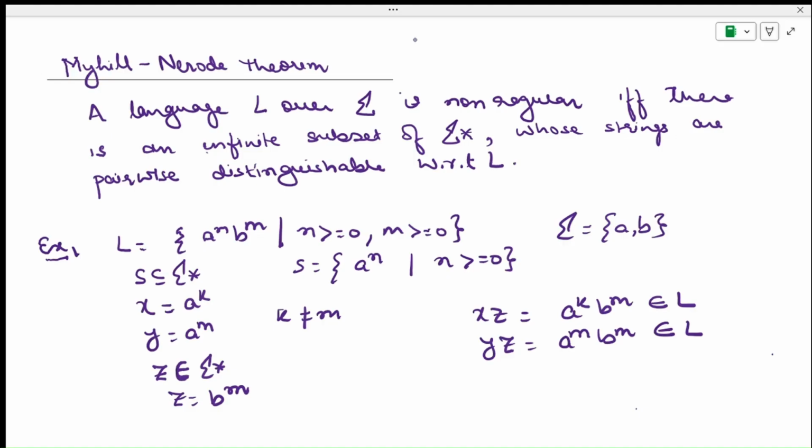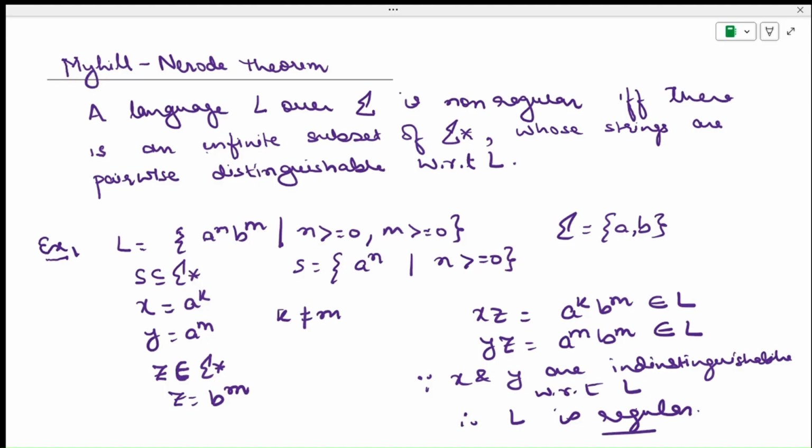That is, we can see that since x and y are indistinguishable with respect to the language, therefore this language is regular. It is not non-regular, it is a regular language. So L is regular.